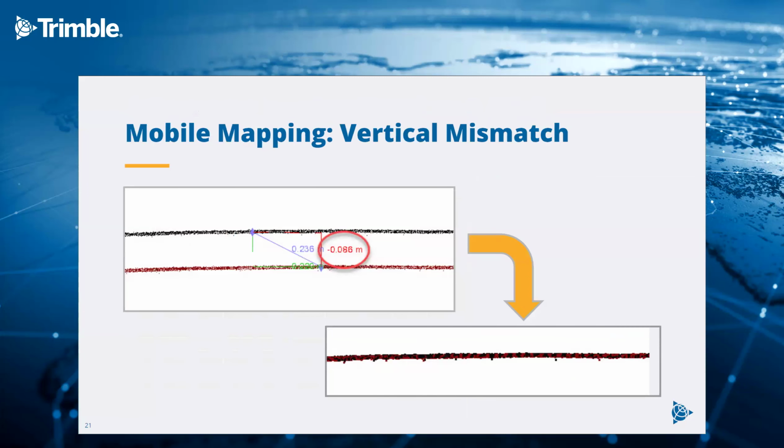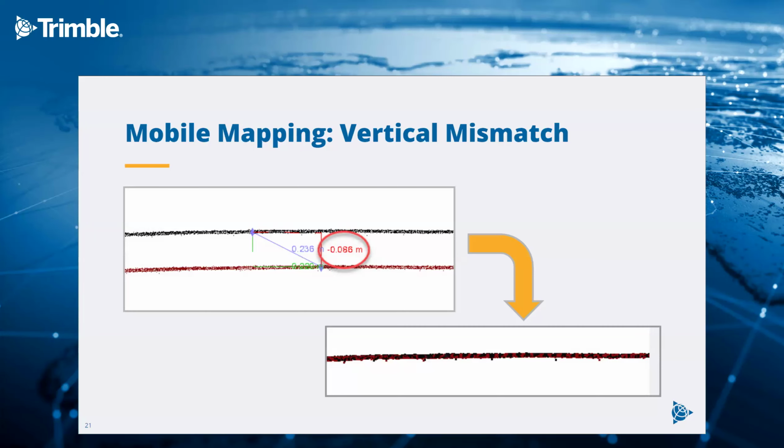Here's an example of a so-called vertical mismatch. Imagine you collect data from one road, and at some point you drive the road in the opposite direction, or you have a cross section so you can see the scene twice. So you basically have revisits, and if you draw a cross section through these revisits, you may see point clouds that don't match exactly to each other.